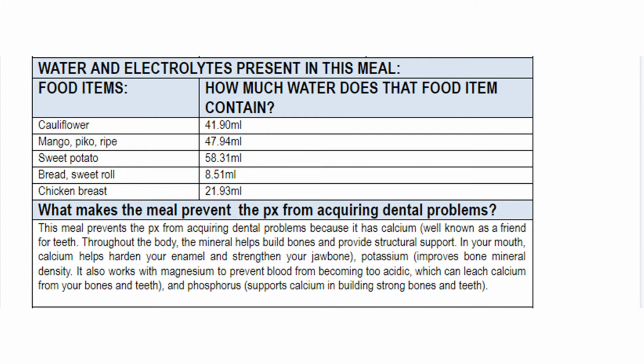This meal prevents dental problems because it has calcium, which helps harden our enamel and strengthen our jawbone. It also has potassium that works with magnesium to prevent blood from becoming too acidic, which can leach calcium from our bones and teeth. It also has phosphorus, which supports calcium in building strong bones and teeth.